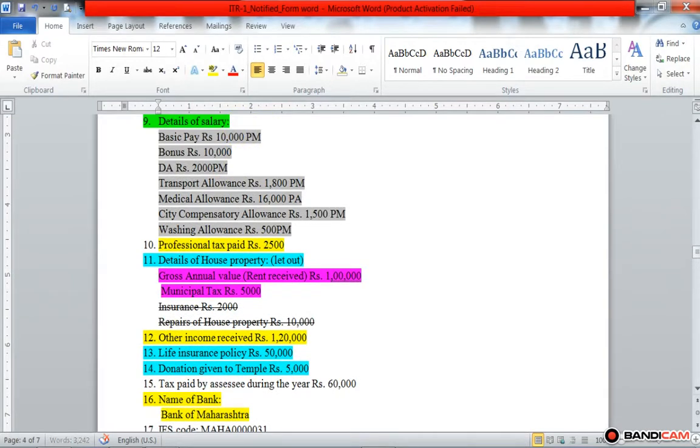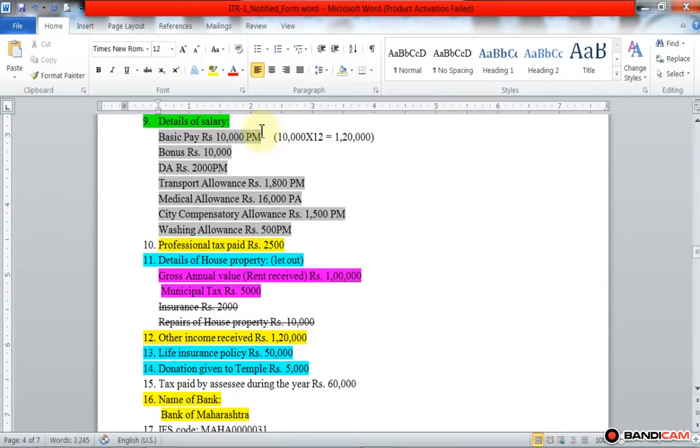How we compute? So basic salary is given rupees 10,000 per month, so we compute it as 10,000 per month multiplied by 12, because we convert this monthly basic pay into yearly basic pay, is equal to 1,20,000.